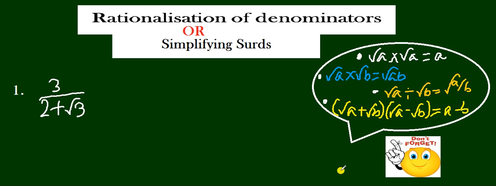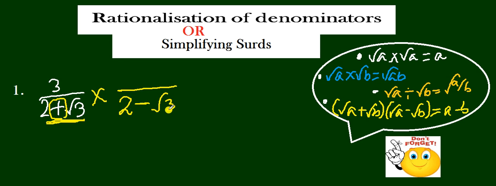Whenever you have a question like this, you multiply the numerator and denominator with the same term as you have here, but with the opposite sign. So I will multiply with 2 minus root 3, and since I cannot multiply just the denominator, I do that with the numerator as well.